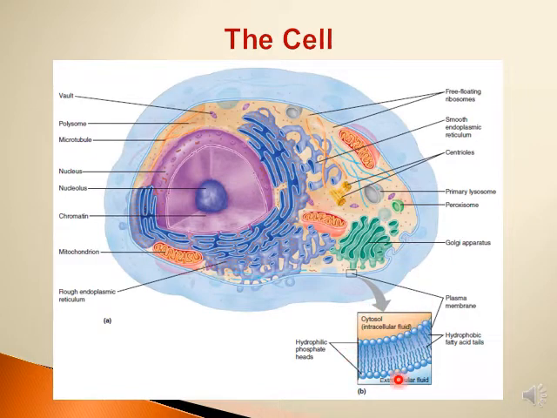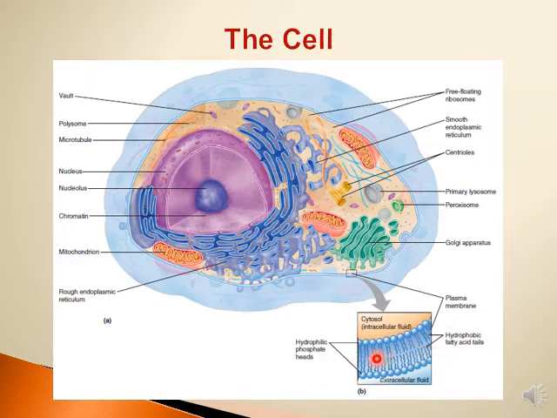In this inset here, you can see that the cell membrane is composed mainly of a phospholipid bilayer. So you have one molecule of phospholipid and another molecule of phospholipid. They have a special arrangement where each molecule has a hydrophilic head and a hydrophobic tail.